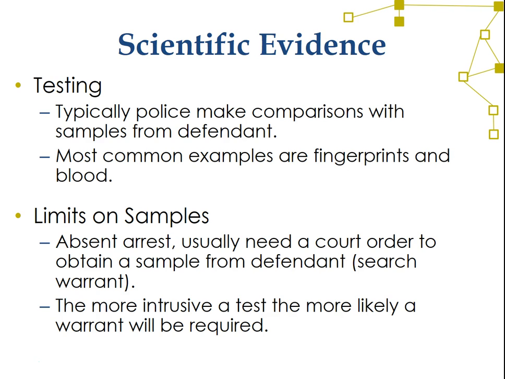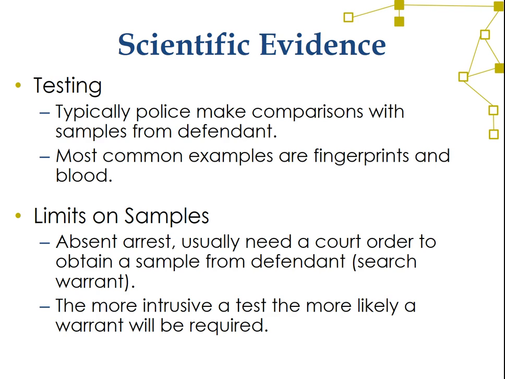Now, some limits on some samples: absent an arrest, you usually need some type of court order or search warrant, if you will, to obtain a sample from a defendant. Or, like I said, consent. So, absent an arrest, you're going to need probably a warrant or a court order, which is kind of like a search warrant, in order to take some type of sample from someone.